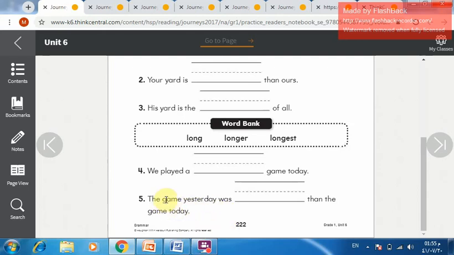Here, I'm comparing the game yesterday and the game today. So I'm comparing two things here. Number two, I see a keyword here, than. And we said when you see this word, you know that you're going to be comparing two things. This means you're going to be using the one with two letters here, longer than. The game yesterday was longer than the game today.